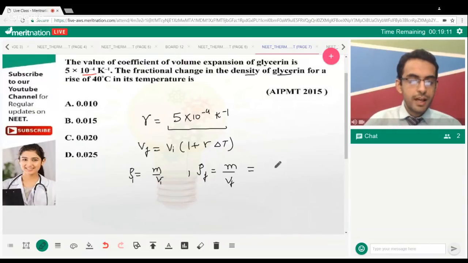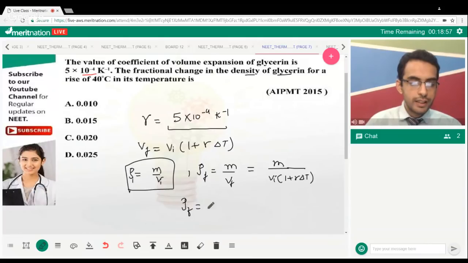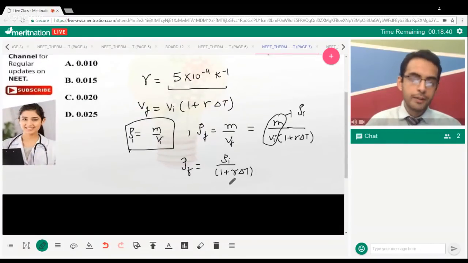So we can write it as m by Vi into 1 plus gamma delta T. So from here we can write that rho F is equal to rho I by 1 plus gamma delta T, because m by Vi is actually equal to rho I. So this is the relation between rho F and rho I.